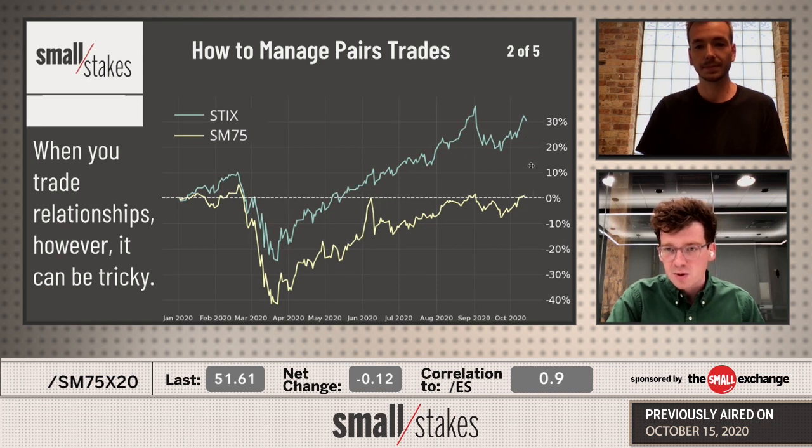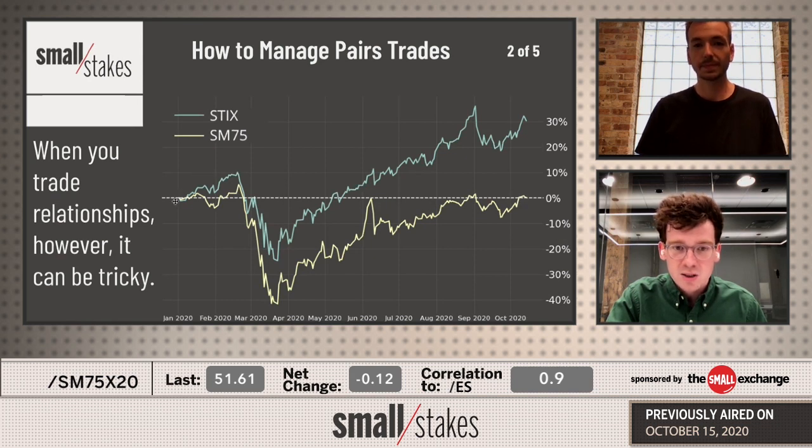This difference here, we're looking at it in percentage, so not necessarily a price value, but buying or selling this blue-green line, which is STIX, that resulted in currently a 30% year-to-date return, is, in my mind, and I know I've seen this a lot more than maybe someone who's new to trading, the same as what would be just a new line, which is the blue-green minus the yellow.